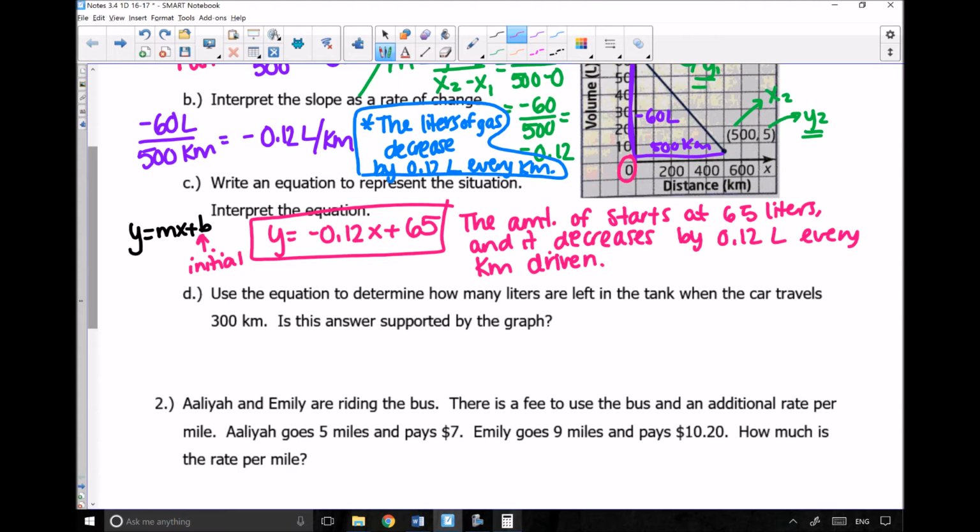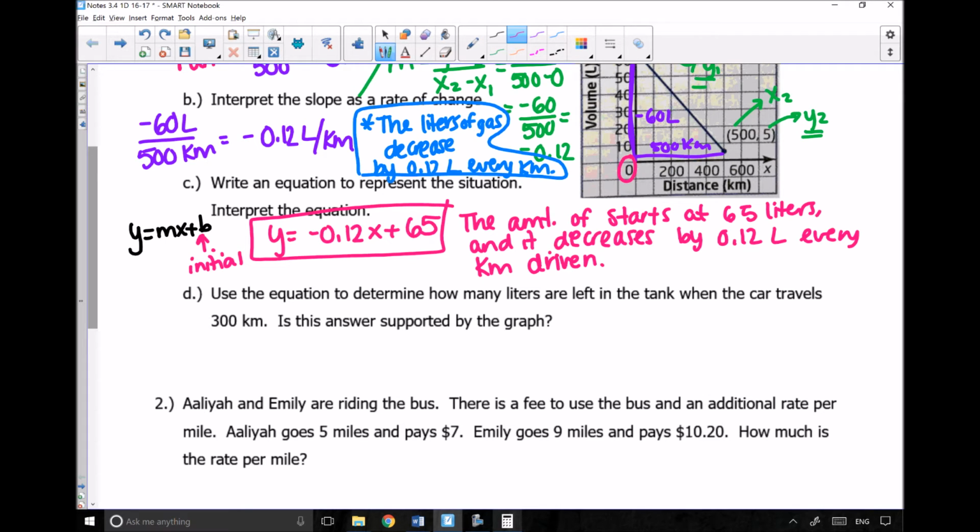Well, if my equation is y equals negative 0.12x plus 65, and I have 300 kilometers driven, and we know that x stands for the number of kilometers, then I can say y equals negative 0.12 times 300 plus 65.